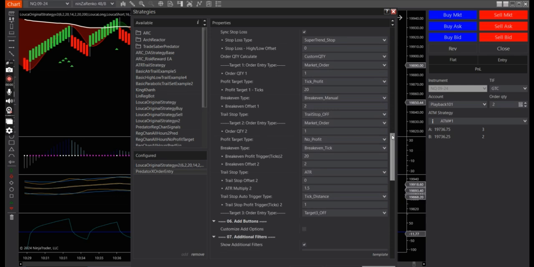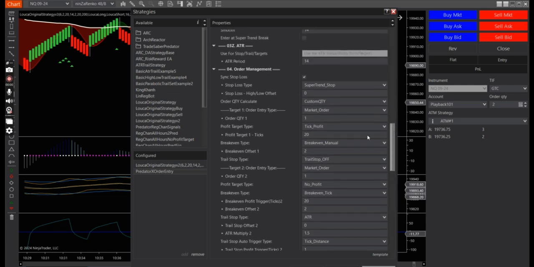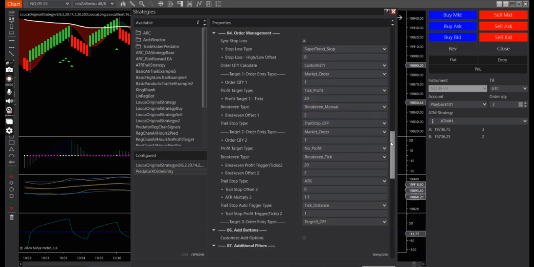Again, I have target 1. Target 1 is the 20 profit target, and I have a break even. Once it reaches 20 take profit, the second contract here would move to break even plus 2 after 20 ticks.